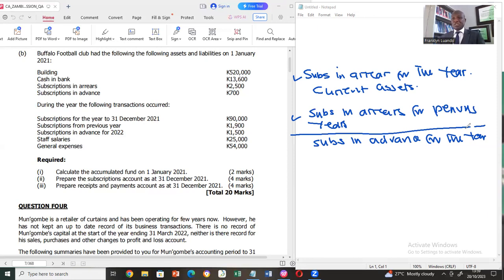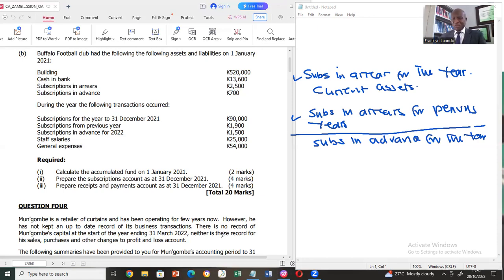So subscriptions in advance for the year is not part of the income for the current year. Therefore, you need to deduct subscriptions in advance for the year from the total subscriptions received. So not income for the year.